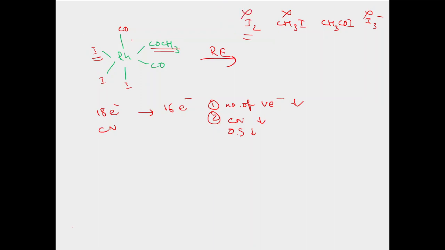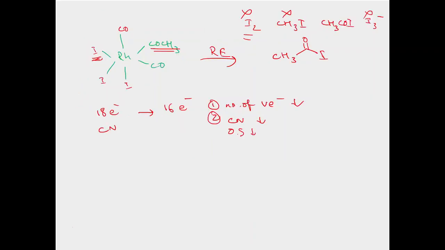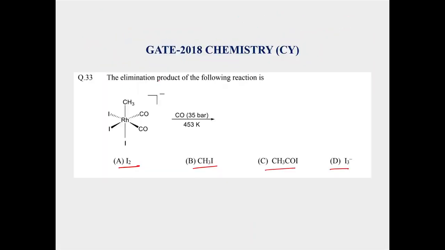Since COCH3 and I are cis to each other, these two will come out, and the elimination product will be CH3COI. So this is the correct option.